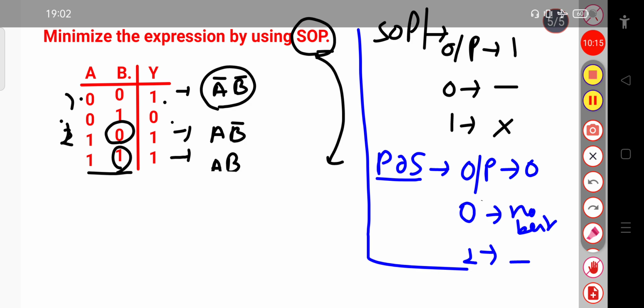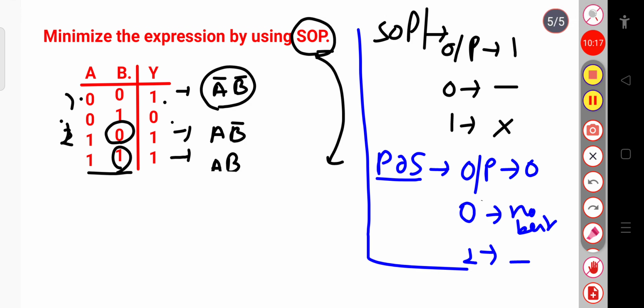Now you can see that for this question, when this output terminal is 0, for this condition we have to take the output, that is Y, for the POS.